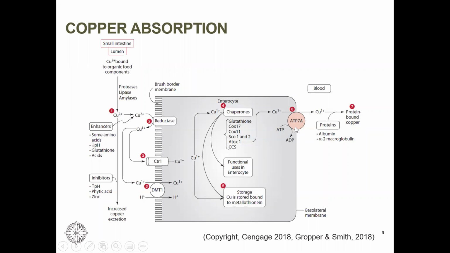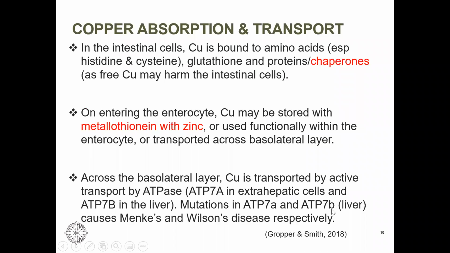This transporter is specific to the intestinal cell, and in the liver, copper has another one, ATP7B. Whenever there is a gene mutation in either of them, a person may have Menkes disease or Wilson disease. Quite rare, only about 1 in 40,000 people can have it.